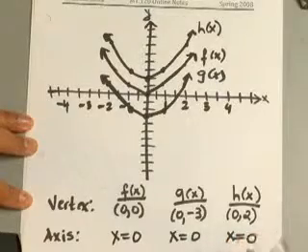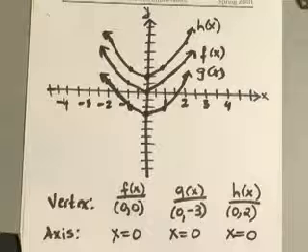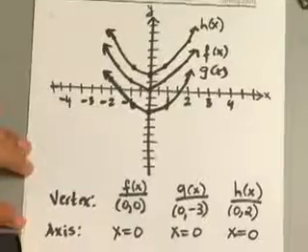So all the 3 graphs have the same axis of symmetry. Now, if they move left to right, the axis of symmetry changes, but when they're going only up and down, the axis stays the same.